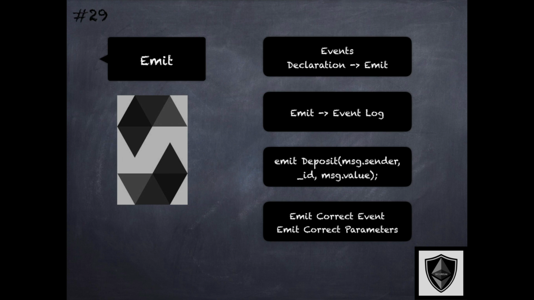But like we mentioned, events are really the only way for off-chain entities, any kinds of user interfaces or monitoring tools, to keep track of the contract state and the transitions by looking at these event parameters stored in the logs.